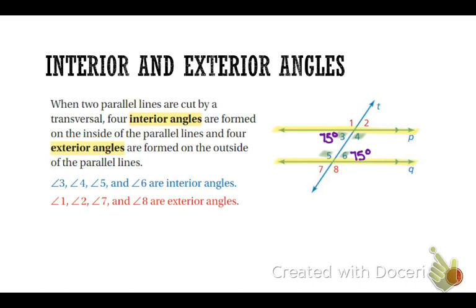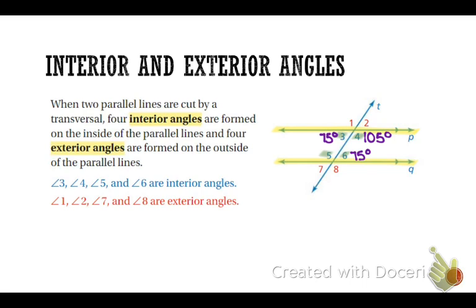So now let's go back to our other ones. Angles 3 and 4 are what kind of angles? Supplementary. So if 3 is 75, what is 4? 100. Yep, you're close. 105. So 4 and 5 are what kind of angles? Alternate interior.